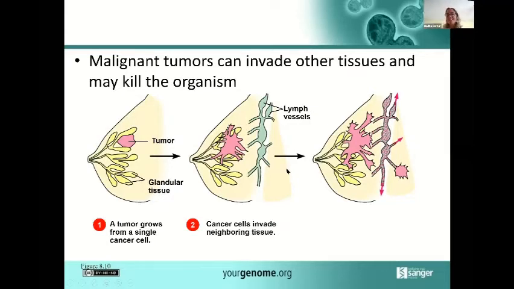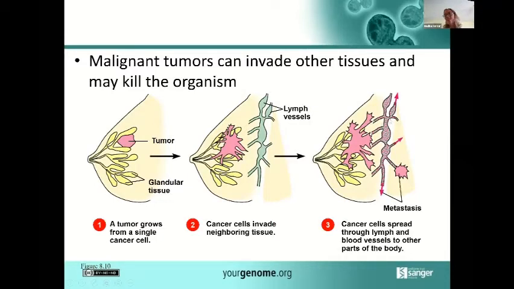If the cancer keeps growing, the cancer cells can break off the tumor and they can get into this lymphatic system. And once that's happened, the cancer cells will move to other parts of the body, and then they can grow new tumours somewhere else. Once you get to this point, it's much more difficult to treat cancer. So you want to catch it very early.